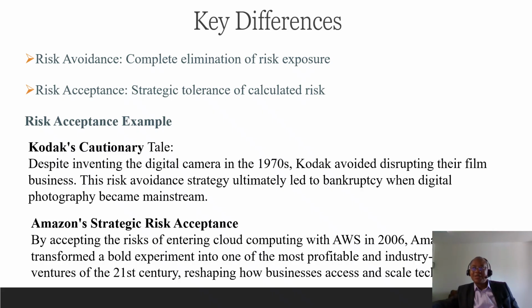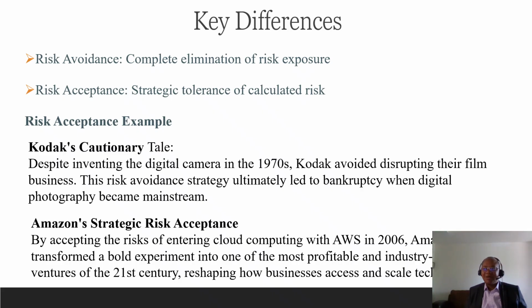Risk acceptance and risk avoidance have a little difference, and here we'll provide examples to illustrate each. The first example is Kodak's cautionary tale. Despite investing in the digital camera in the 1970s, Kodak avoided disrupting their film business.